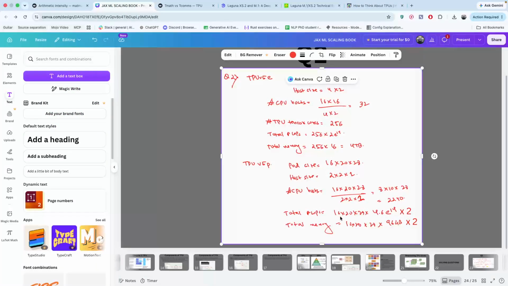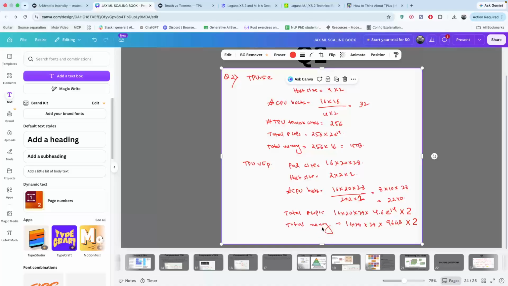And this is the pod size, and each chip has two tensor cores in this architecture. This is one of the megacores that we consider. So it has two, so we need to multiply by 2.